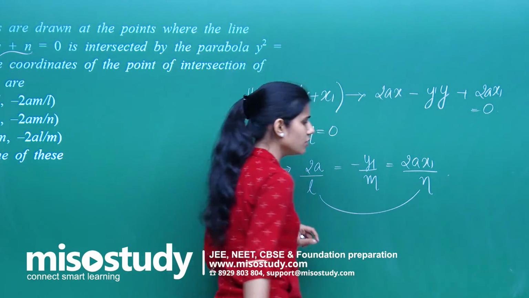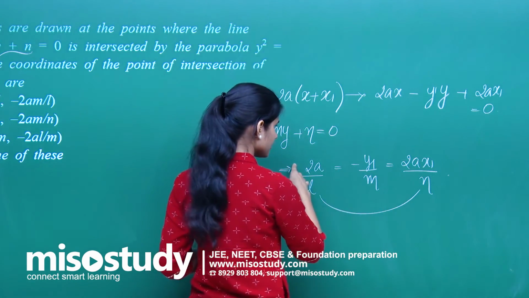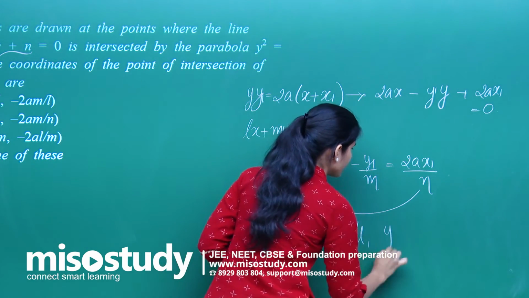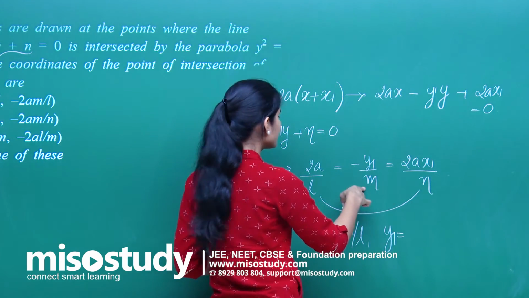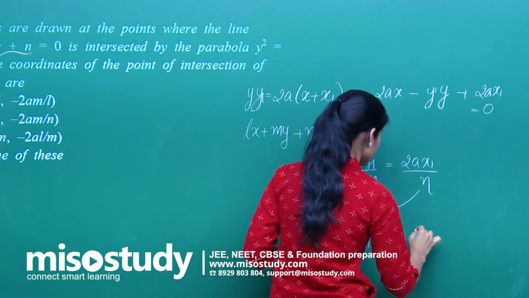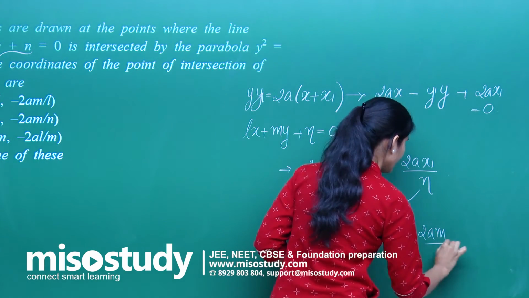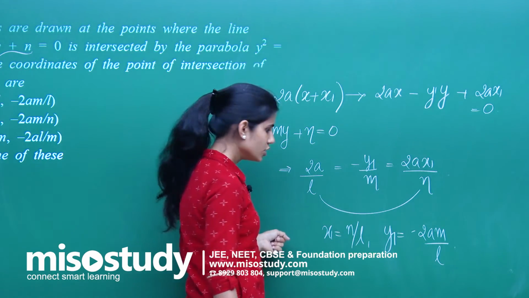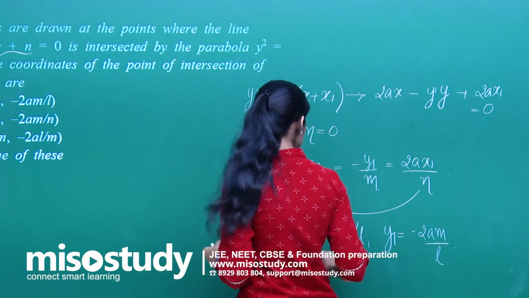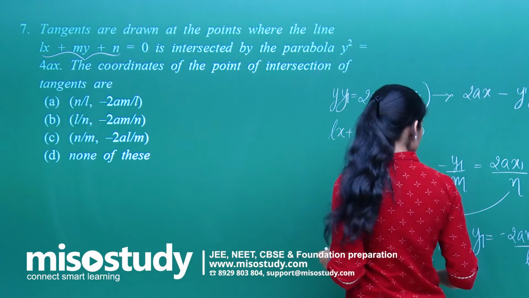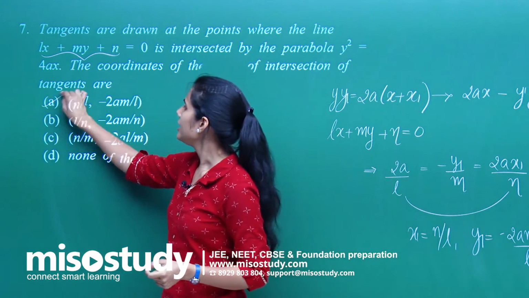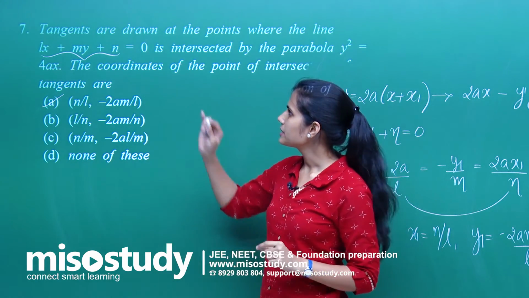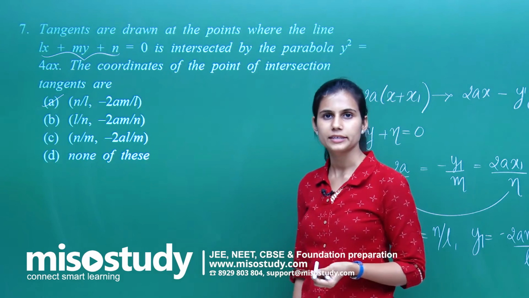If you compare these two, 2a gets cancelled, x1 comes out to be n by L, and y1 comes out to be 2am by L with a minus sign, that is minus 2am by L. So you basically have the coordinates n by L, comma minus 2am by L. This is the point at which the two tangents are intersecting, and Lx plus my plus n is the equation of their chord of contact.